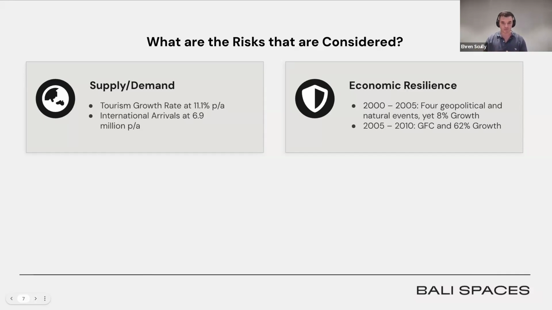Now, for me, any one of these geopolitical events you would think could decimate a tourism industry, but Bali actually still grew. It grew by 8% in that 5 year period. And then the following 5 years in which we had the GFC, Bali's tourism grew by over 60%.